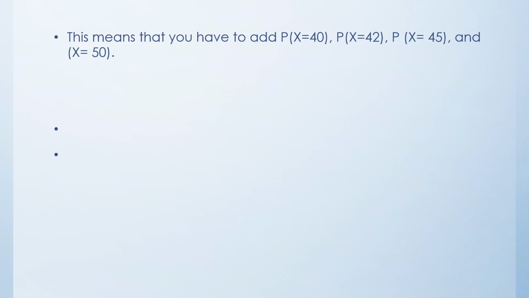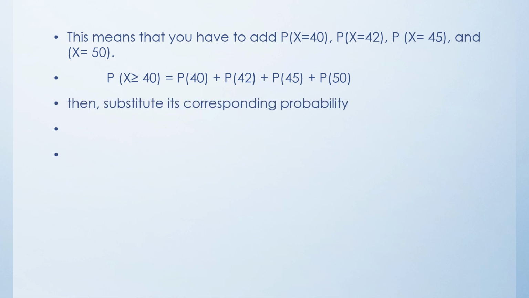This means that you have to add probability of X equals 40, probability of X equals 42, probability of X equals 45, and probability of X equals 50. It will give us the probability of X is greater than or equal to 40 is equal to the probability of 40 plus probability of 42 plus probability of 45 plus probability of 50.